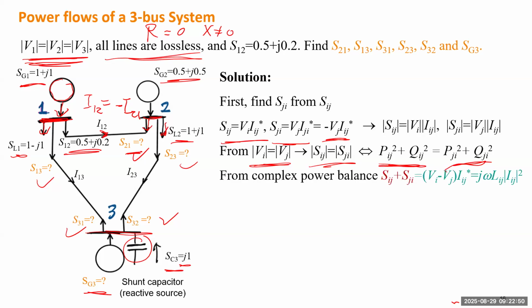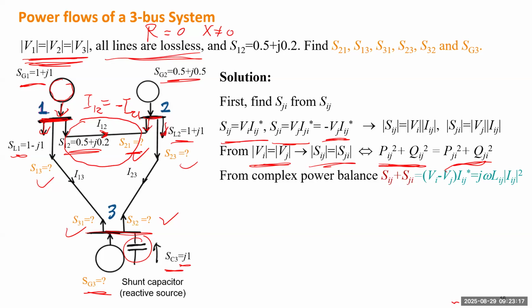To continue, next we want to apply the complex power balance to line 1, 2. So we treat this line as equipment. We want to calculate the power injected into this line and also the power consumed by the line.